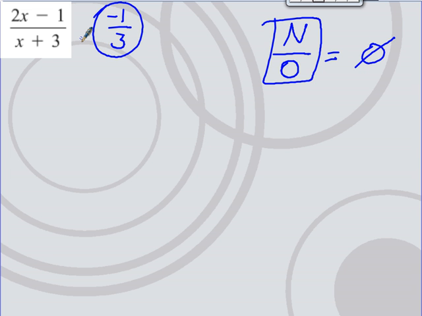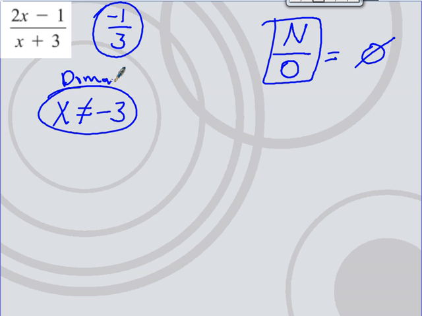You can plug in 0, but what value can you not plug in? What value, when you plug it in, is going to give you a 0 on bottom? What do you think, Henshaw? What value will make the bottom equal to 0? Negative 3. So if I ask you for domain, there's a couple of ways you can do it. You can either tell me what x can be, or you can tell me what x cannot be.